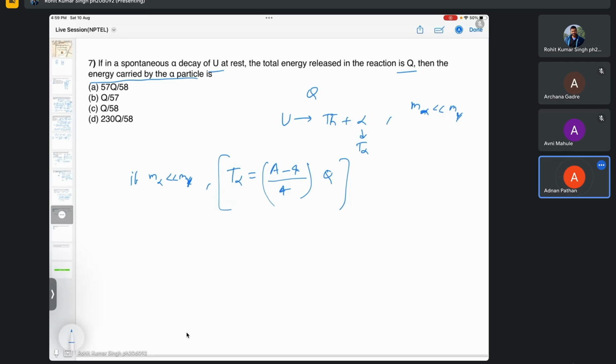Yes, sir. Sir derived an equation in the lecture. And A is simply the atomic mass of the uranium, I mean the decaying nucleus. So A here is for uranium, which you know has a mass of 232 or something.